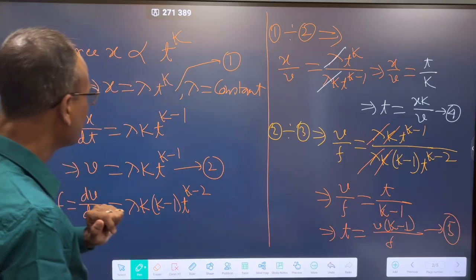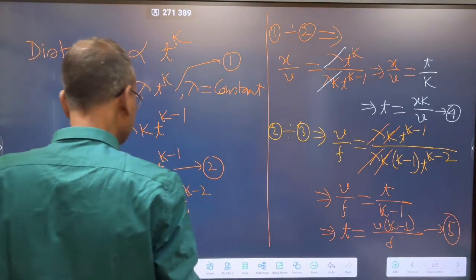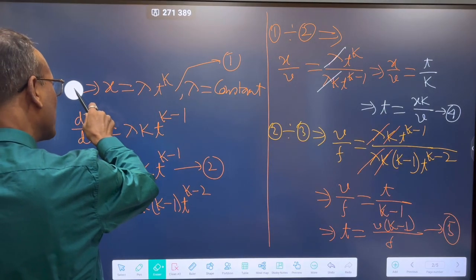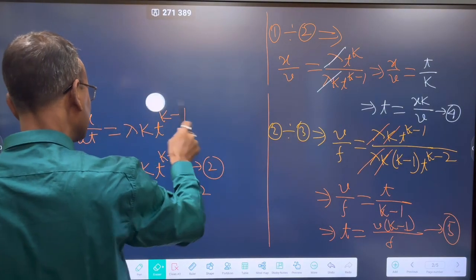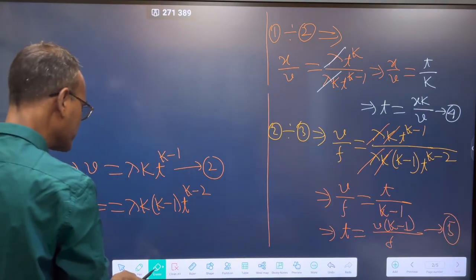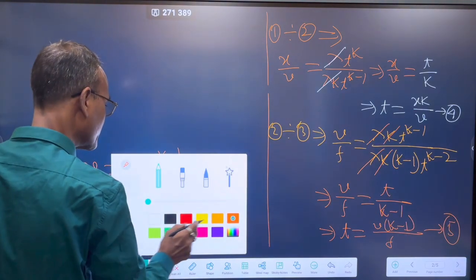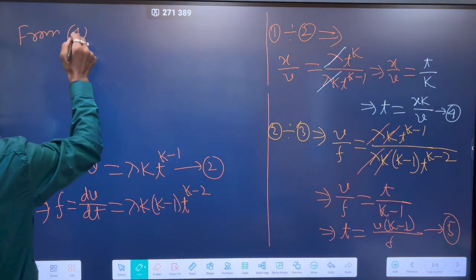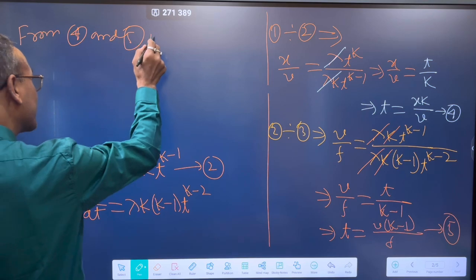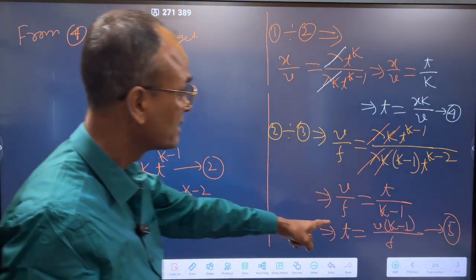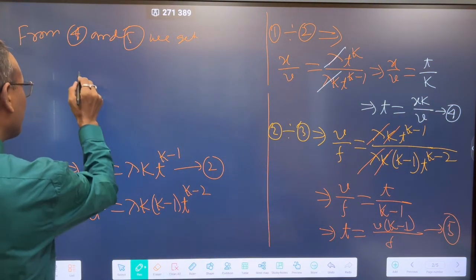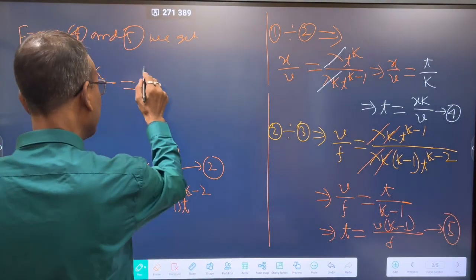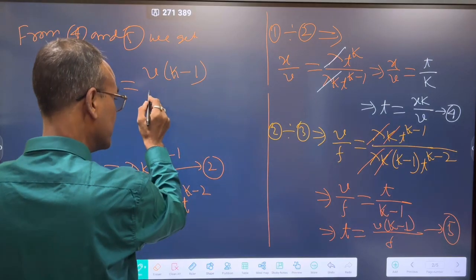From 4 and 5, we get xk divided by v equals v into k minus 1 divided by f.